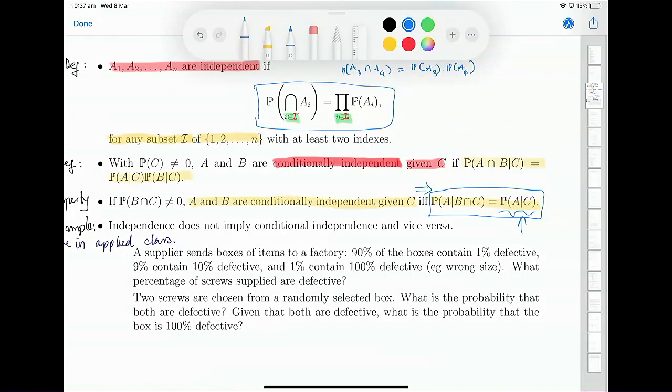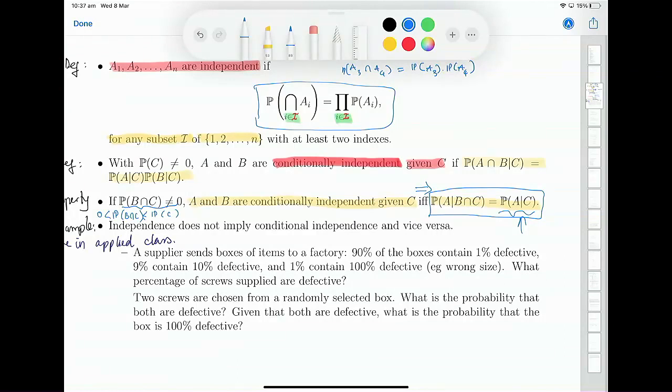Because we have the probability of B intersect C different from 0, and the probability of C is greater than or equal to the probability of B intersect C, because B intersect C is a subset of C. And because this one is greater than 0, the probability of C is different from 0.